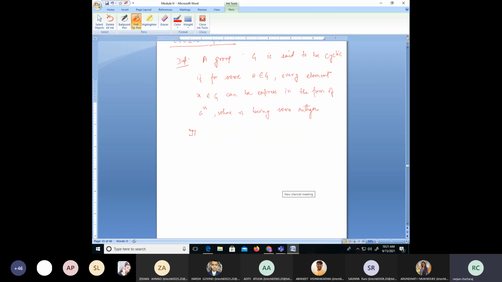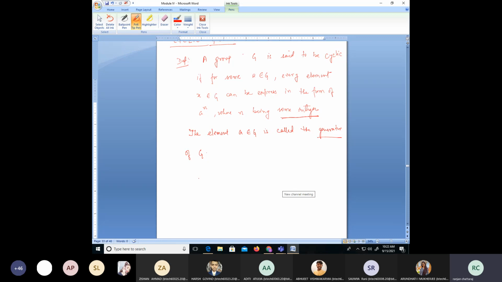And the element A is called the generator of G. In that case G is simply denoted by the group generated by A. You see here I am writing some integers, but in the case of the order of an element of a group, we specify a positive integer.